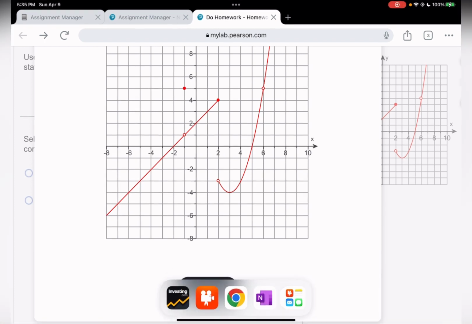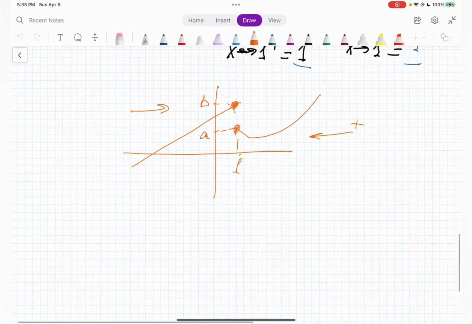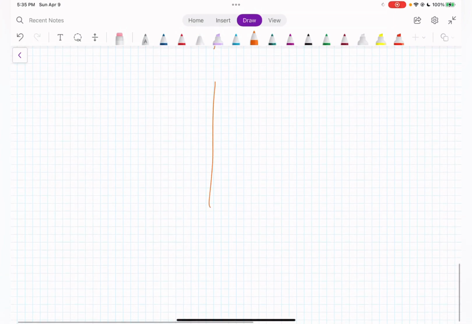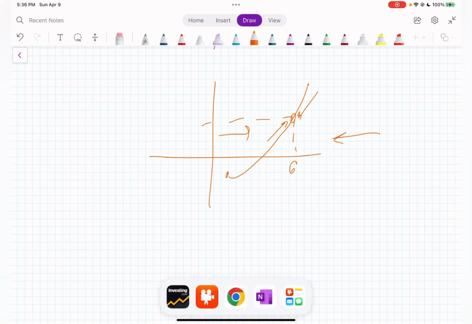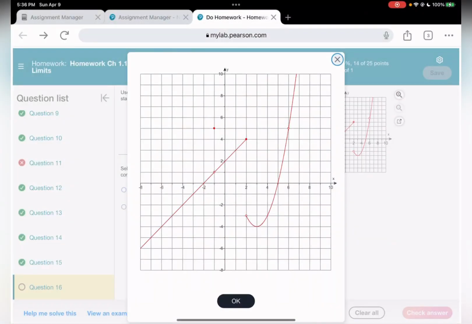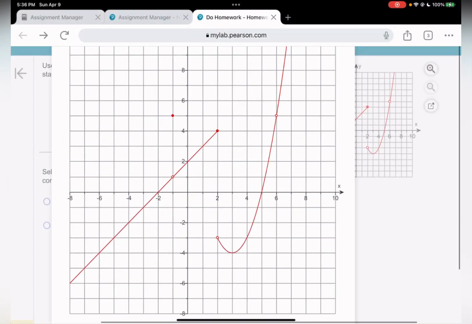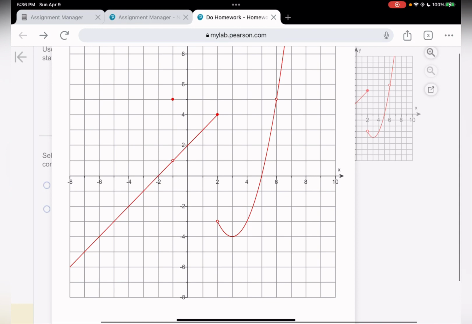Let me show real quick. Say it's coming here, and here is the circle. So this is 6. If you come from the left side, it's approaching from here, from the right side, it's approaching from here, it's going to be the same value, right? And that value is positive 5.